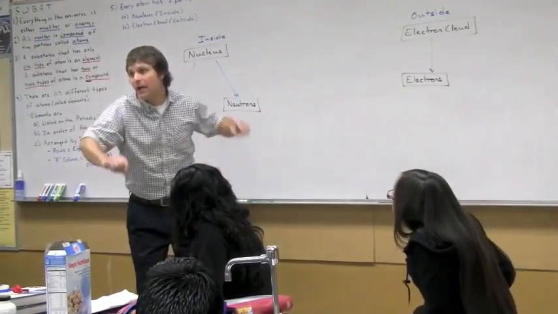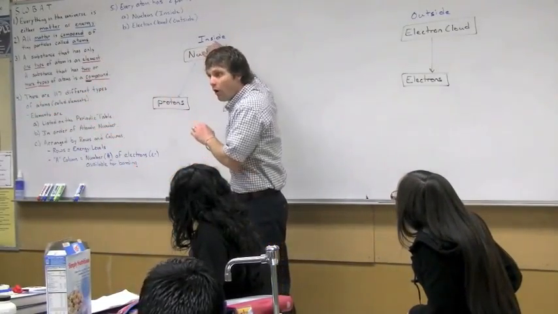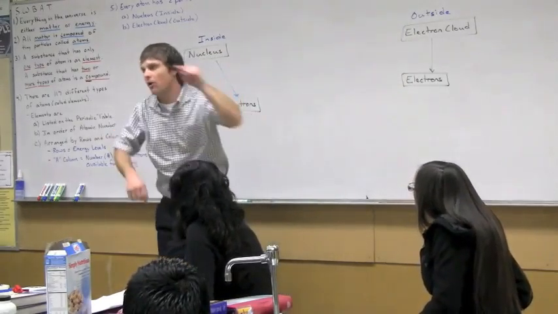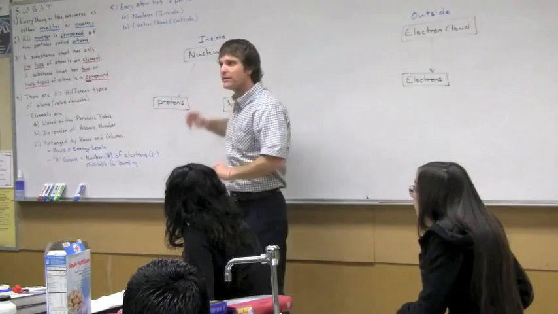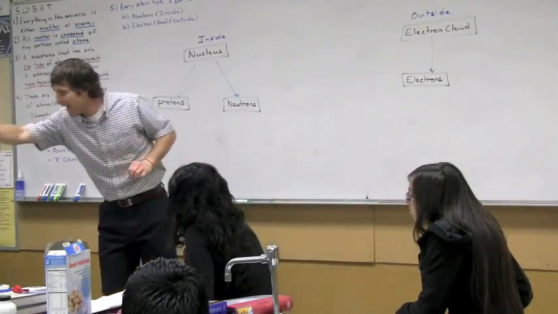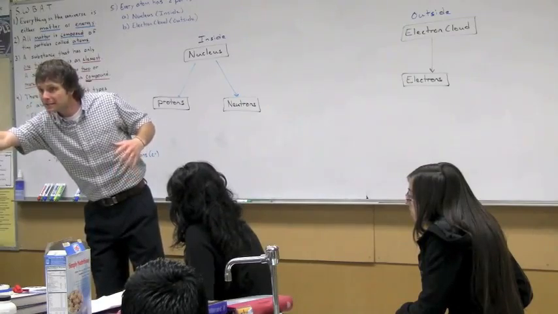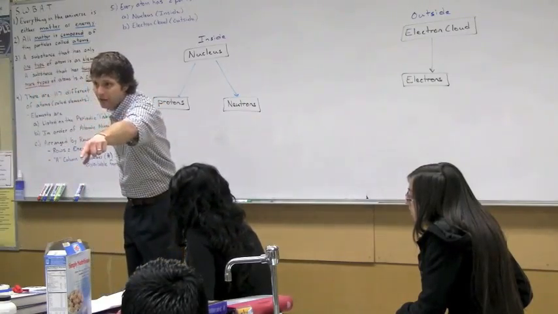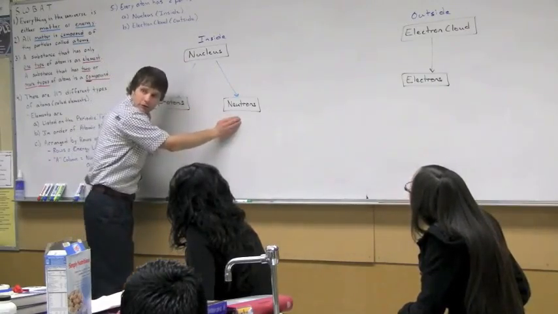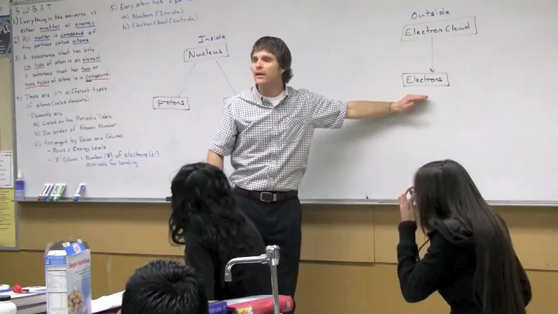All the atoms there and all the atoms there all have an inside and they all have an outside. All the atoms there and all the atoms there all have a nucleus and they all have an electron cloud. But what's different about the atoms in the flat little bendable silver colored thing and the black little chunky thing is the number of protons, the number of neutrons, and the number of electrons.